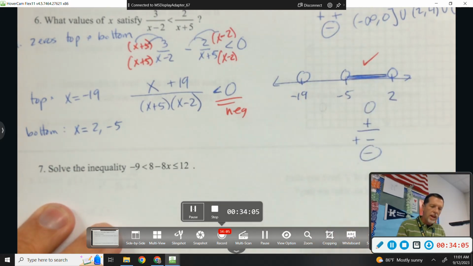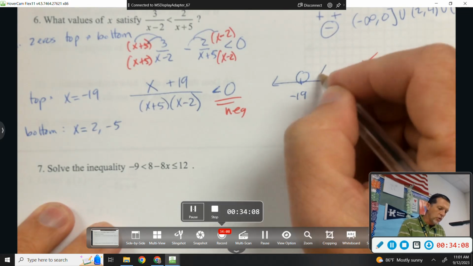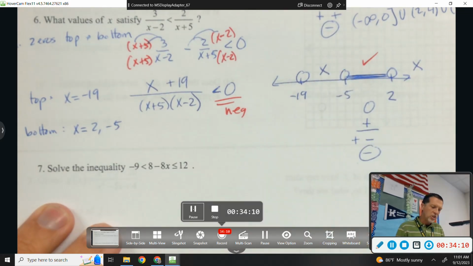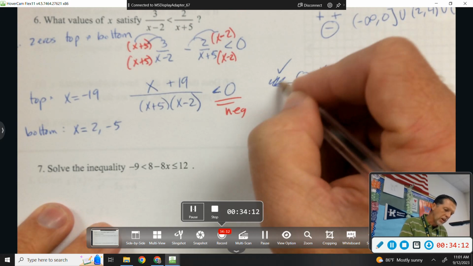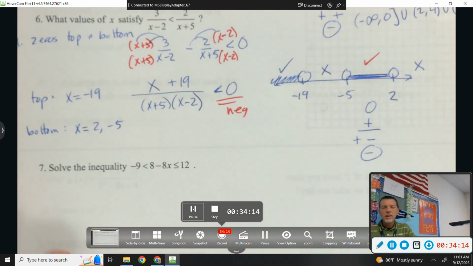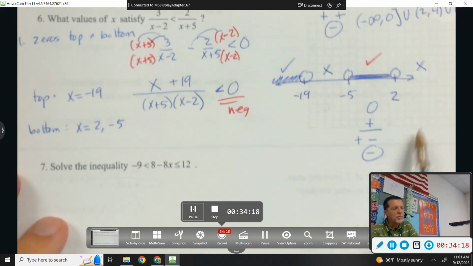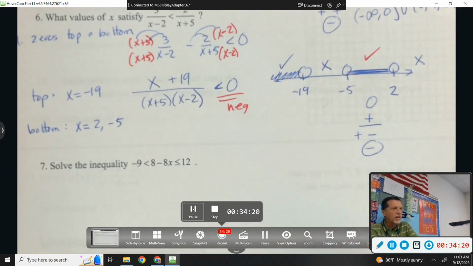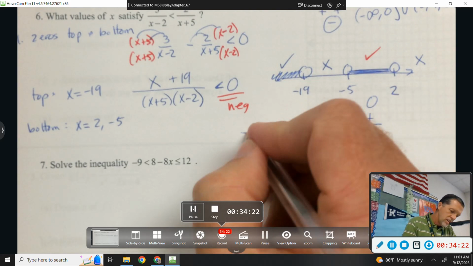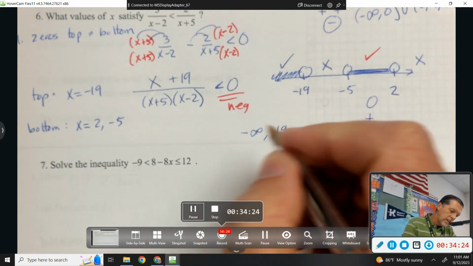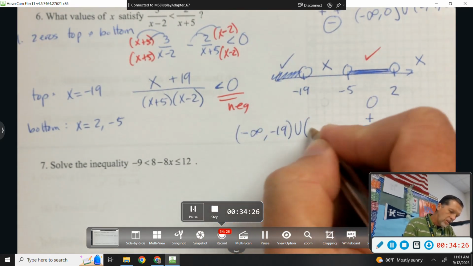And which means we won't shade in the adjoining or the adjacent intervals. We will alternate from there. Again, trust the alternating rule, you're done. You don't trust the alternating rule, well, maybe you plug in 3 or negative 20 to see what happens. Negative infinity to negative 19, union with negative 5 to 2.